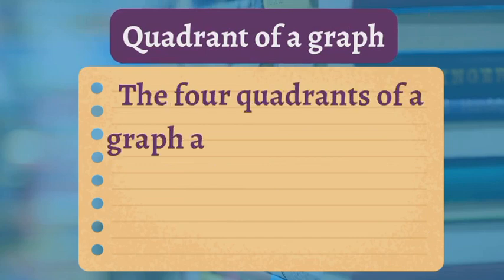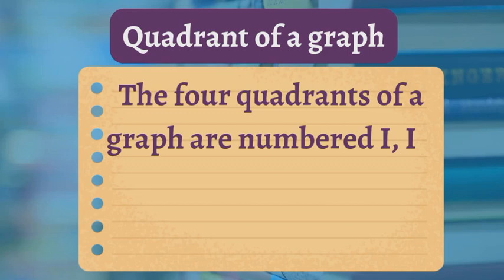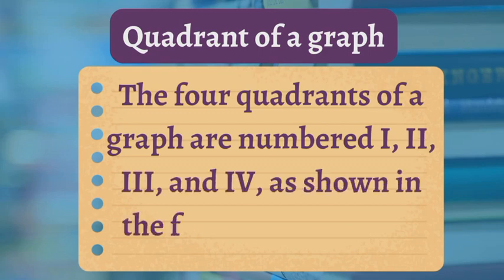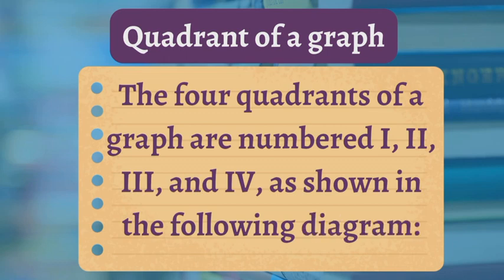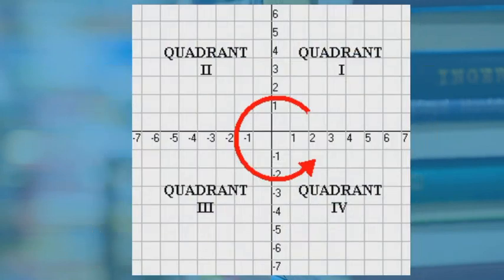Now, these quadrants can actually be numbered as 1, 2, 3, and 4, as we are going to see in the diagram in the next slide. Sometimes we number them as Q1, Q2, Q3, and Q4.